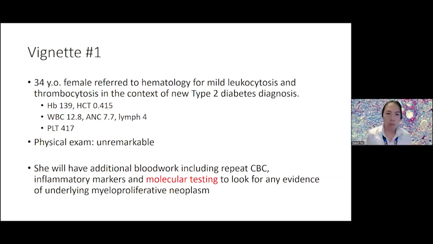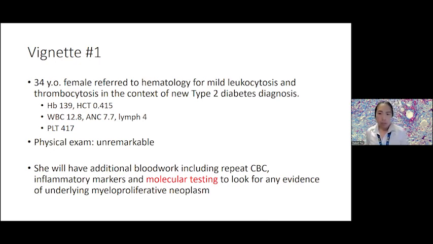You can see the white count is 12.8 and a little bit of a thrombocytosis at 417. Again, this was incidentally found during the context of a new type 1 diabetes diagnosis. Otherwise, the hemoglobin levels are normal, as well as the hematocrit. There was nothing pertinent on physical exam.